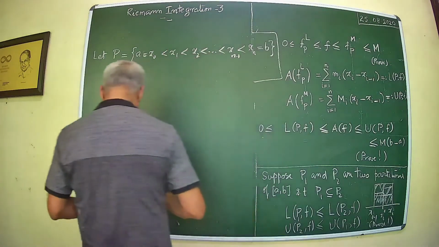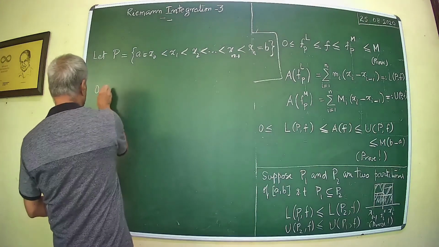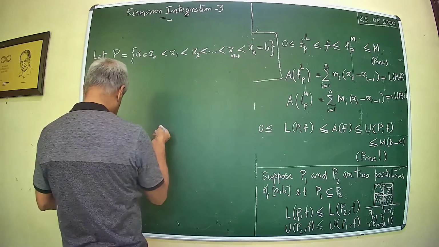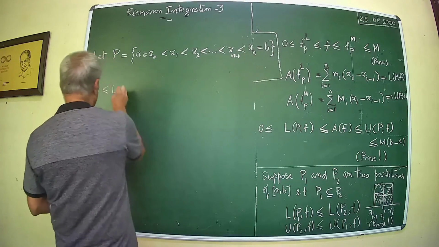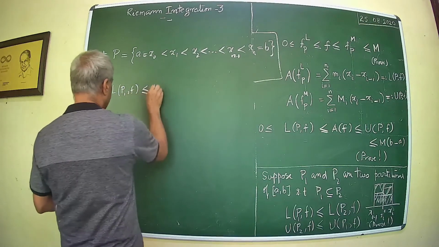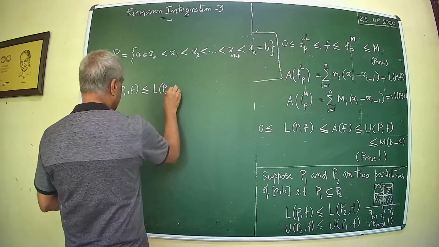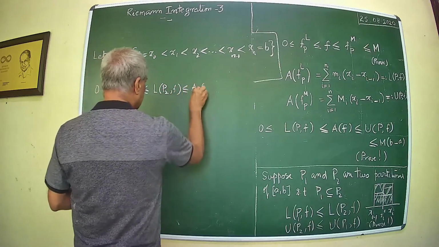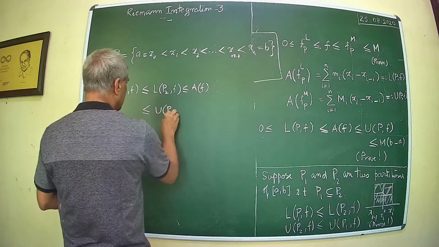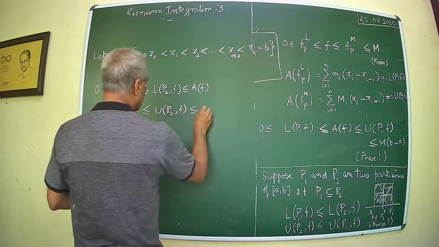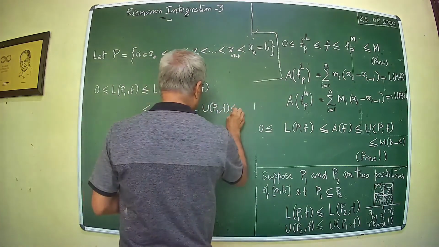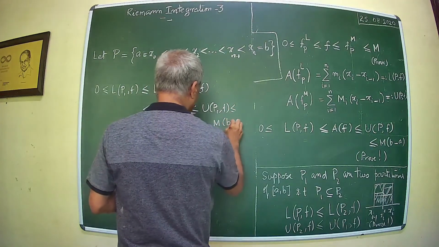We have this inequality, that means 0 is less than or equal to L(P1,F), which is less than or equal to L(P2,F), which is less than or equal to U(P2,F), which is less than or equal to U(P1,F), less than or equal to M into (b minus a).